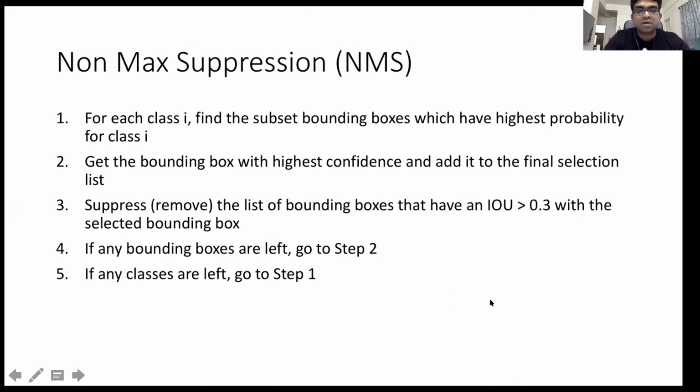We suppress the rest of the bounding boxes which have an overlap with the selected bounding box, and overlap can be defined by IOU. If a bounding box has an overlap of greater than 0.3 IOU, we suppress that bounding box because we already identified an object in the similar space. And we just repeat this process if there are any bounding boxes left. That is the non-max suppression.